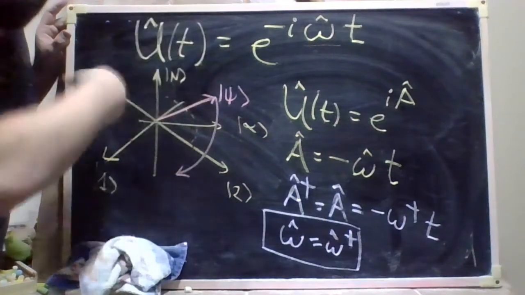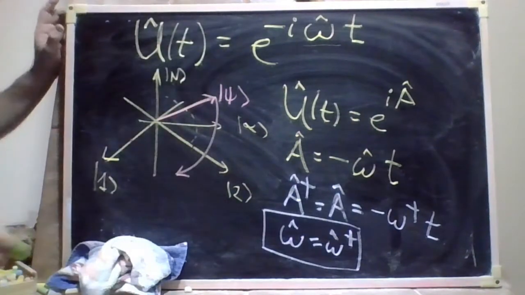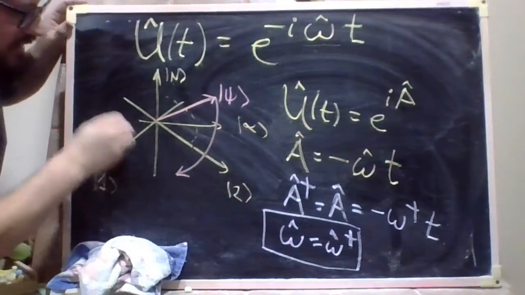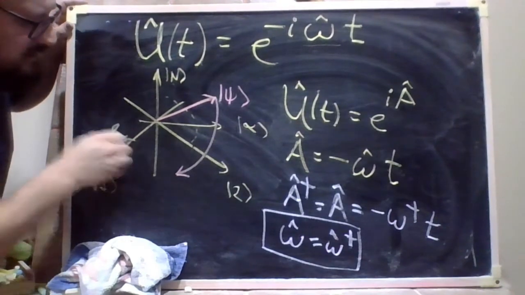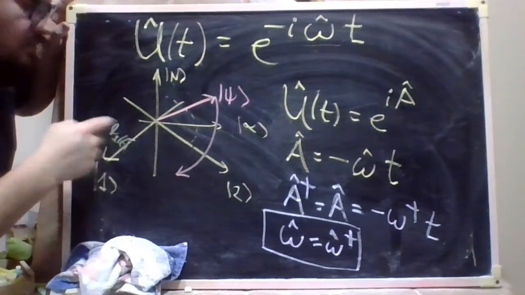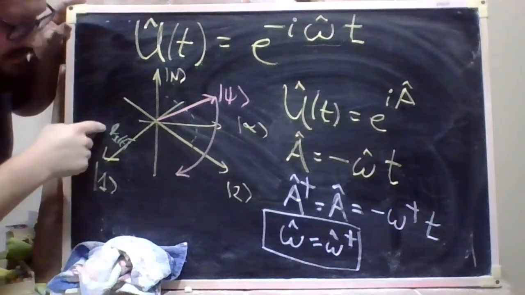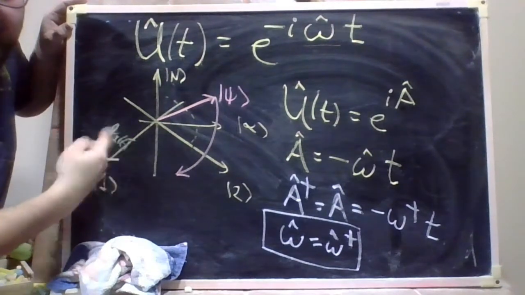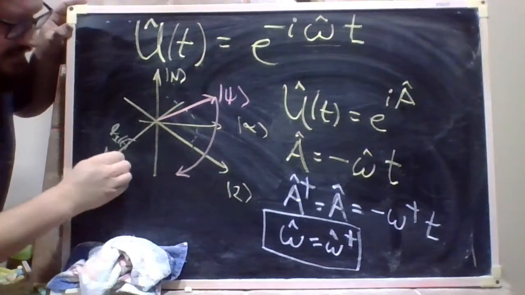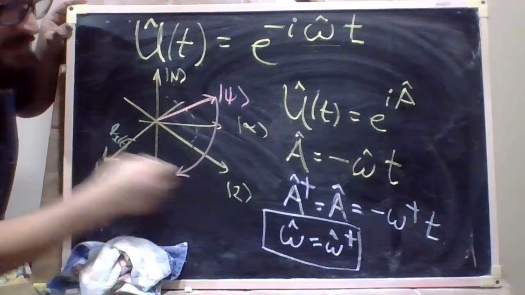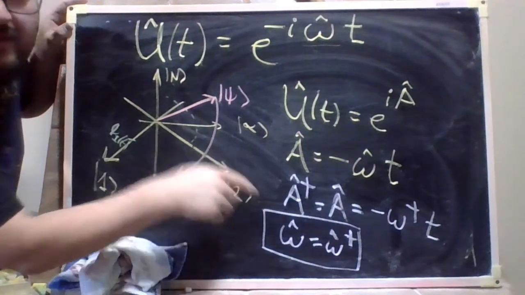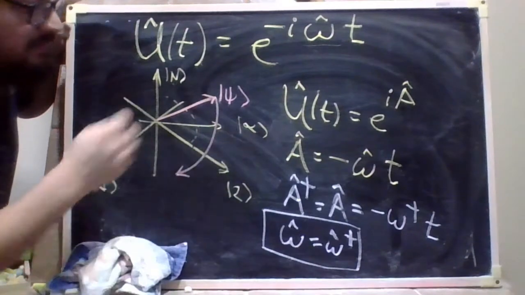Say psi1 is a complex number which rotates. This axis here just corresponds to a real and imaginary axis. This also has a real and an imaginary axis and all that.